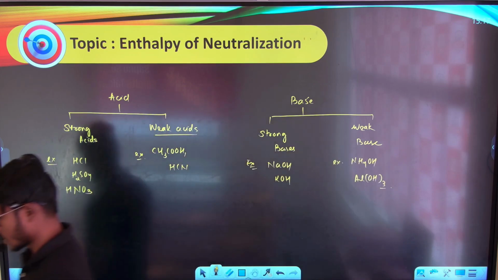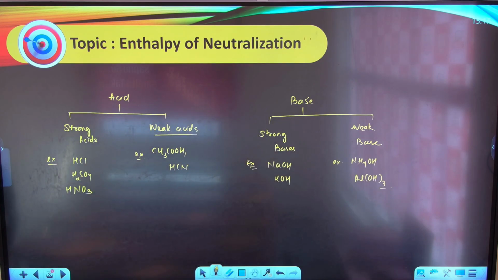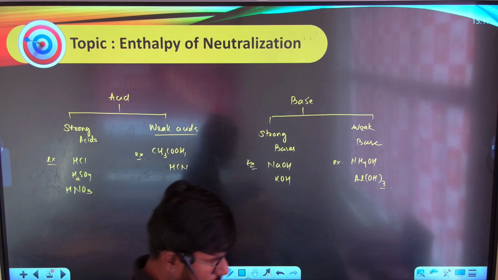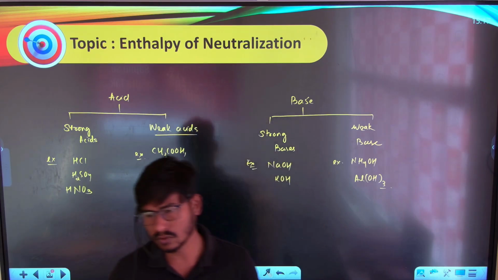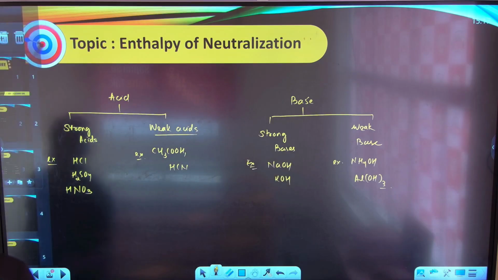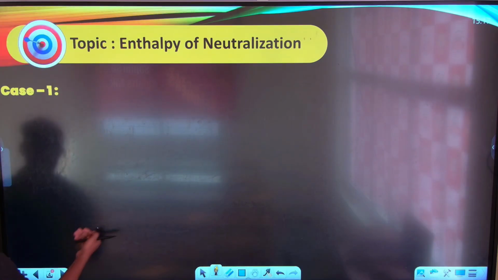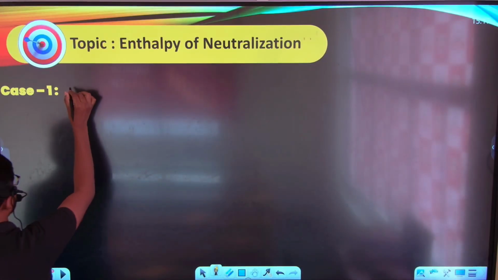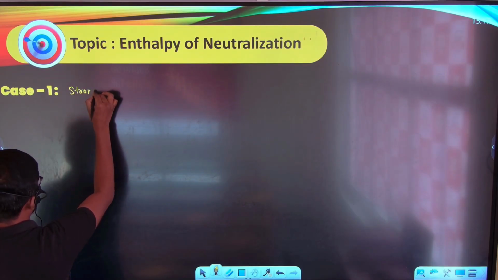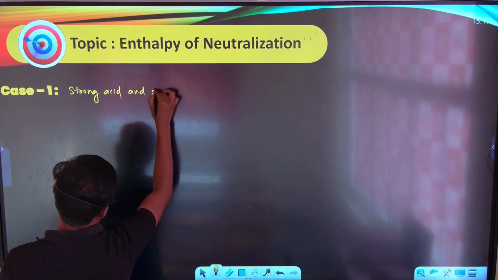So we'll study all these four cases of neutralization reaction: strong acid reacts with strong base, strong acid reacts with weak base, weak acid reacts with strong base, and weak acid reacts with weak base. First we'll study case 1, neutralization reaction of strong acid and strong base.